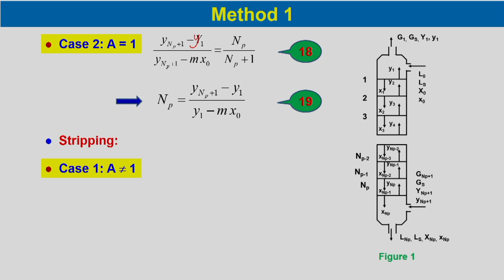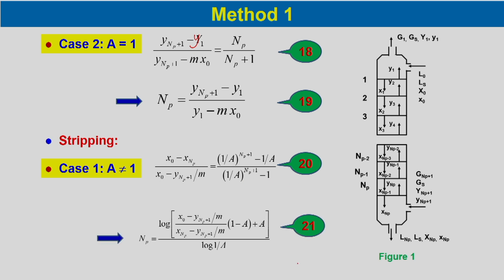Now, in case of stripping with A not equal to 1, the equation we can derive is x naught minus x n p divided by x naught minus y n p plus 1 divided by m, which would be equal to 1 by a to the power n p plus 1 minus 1 by a, whole divided by 1 by a to the power n p plus 1 minus 1.